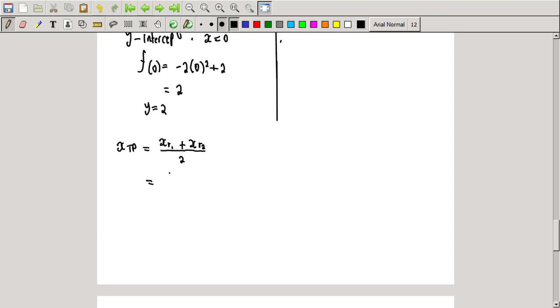We know that one of the roots is -1, the other one is 1, divided by 2, so it is equal to 0.